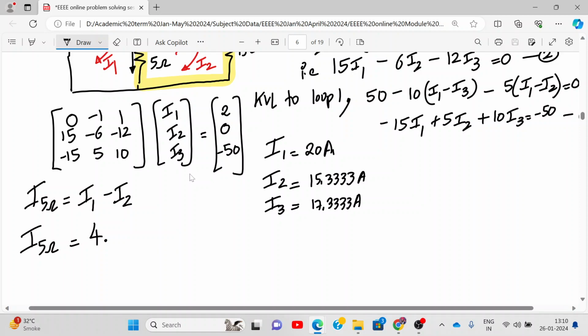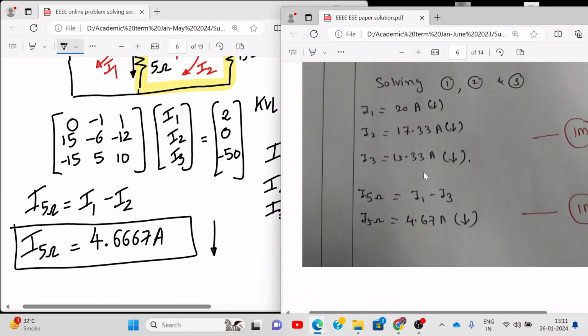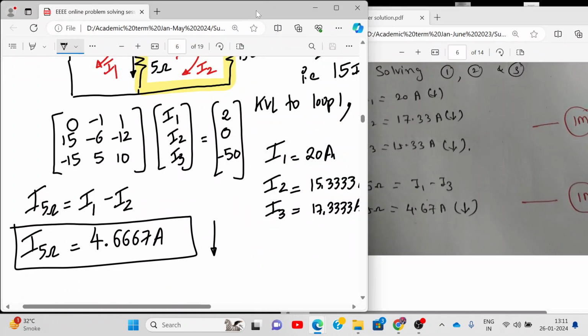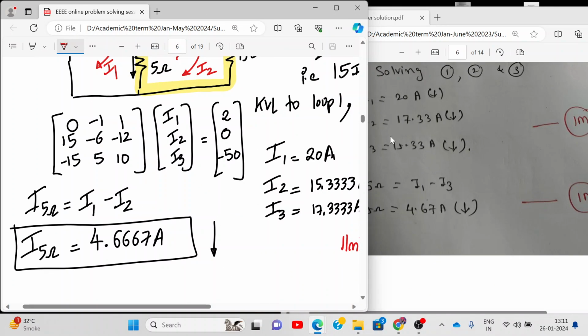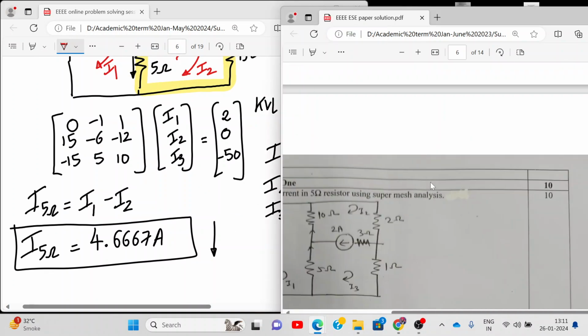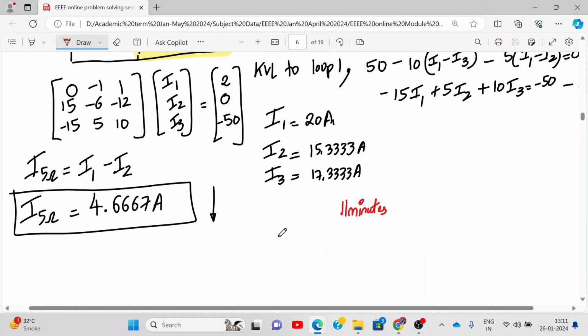How much is it? 4.66, right? Correct. Yes. And the direction is down. Let's check this answer. Look, 4.67. So correct, absolutely correct. And we have solved it in 11 minutes. Okay, so good. We are strong in mesh analysis, and it was asked for 10 marks. So a 10 marks numerical in 11 minutes is commendable.